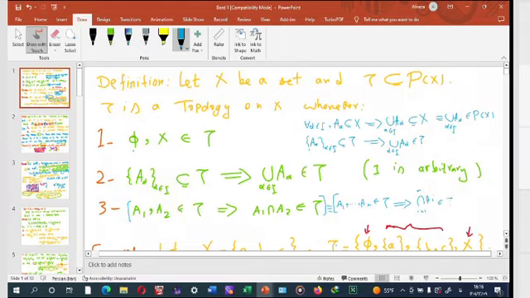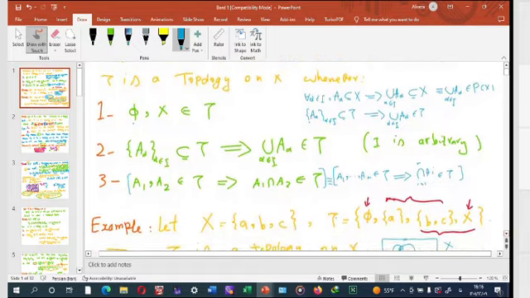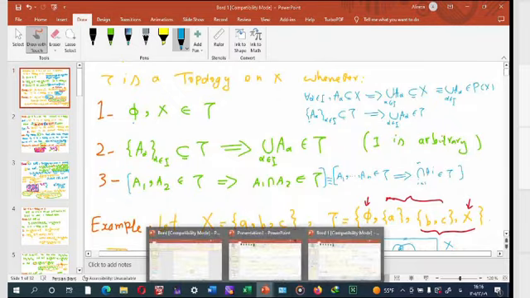These two conditions are equivalent. If any two elements of tau have this property, it is equivalent to for any finite elements in tau, their intersection belongs to tau. And it is very trivial that these two are equivalent, because, for example, let me write this for you.